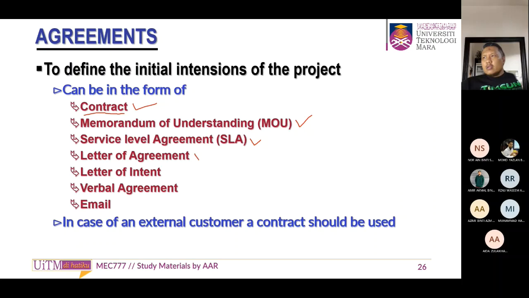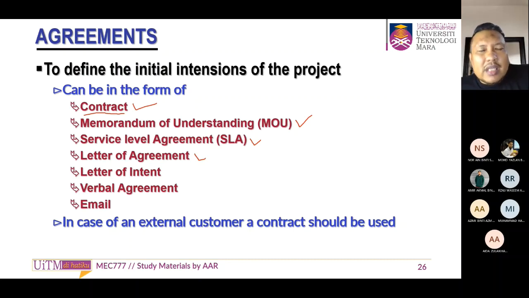Dr. Azli: Yeah. Must a contract be between two parties or can it be from a single party? Because SLA, Service Level Agreement, sometimes comes from a single party, one party only. So does this also count as a contract? Actually, the SLA is offered by one and then signed by another party.